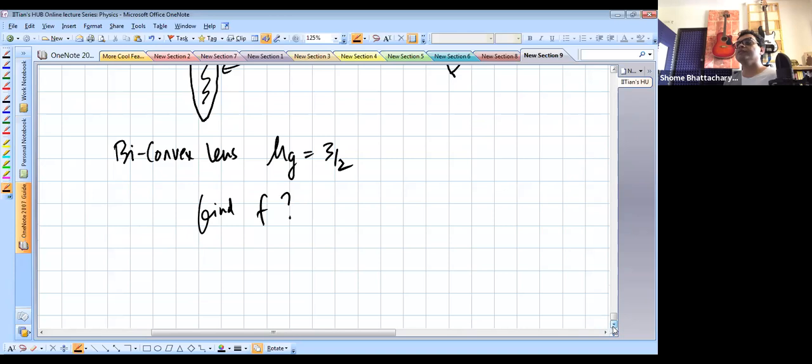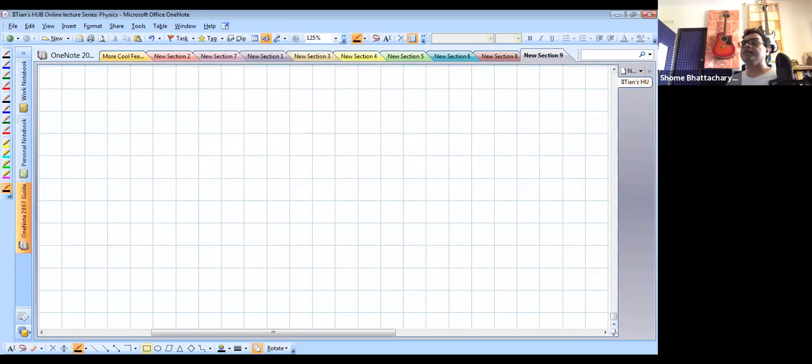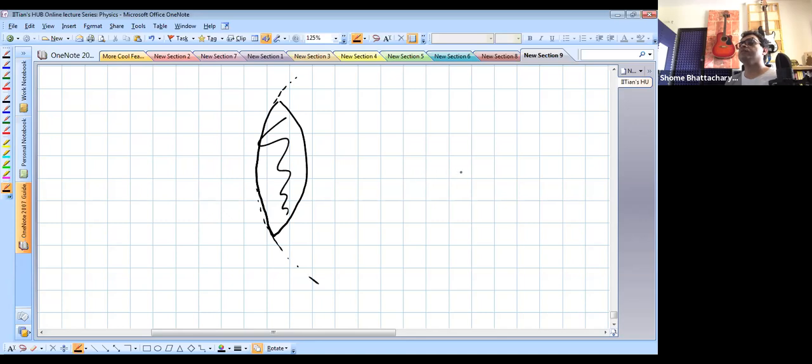Now I'll show you something interesting: the focal length is symmetrical. It doesn't matter whether light is coming from this side or from the other side, it will be the same. Let's understand that. So this side, center of curvature.